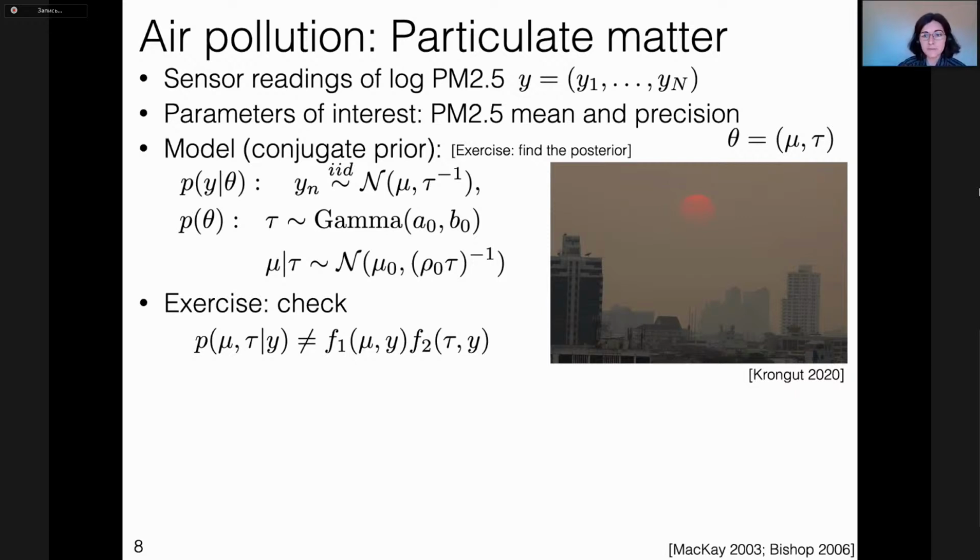So again, we're not making this factorization assumption on the model, we're making this factorization assumption on the approximation. And that's a really important distinction. And so again, if you do no other exercise in this talk, I strongly, strongly encourage you to do this one, or make sure that you are convinced that this is true. Because if we had to make this mean field assumption on our models, we would not be able to use any interesting models.